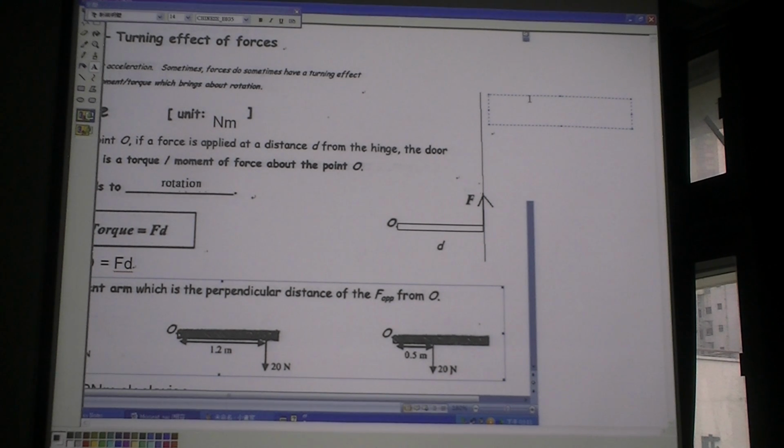Maybe I use a larger font. So this is the line of action. The moment arm is the perpendicular distance from the line of action to the point. So this distance is called the moment arm.